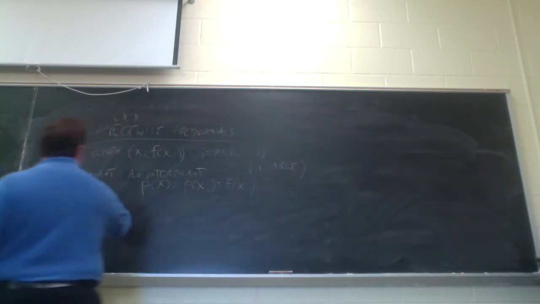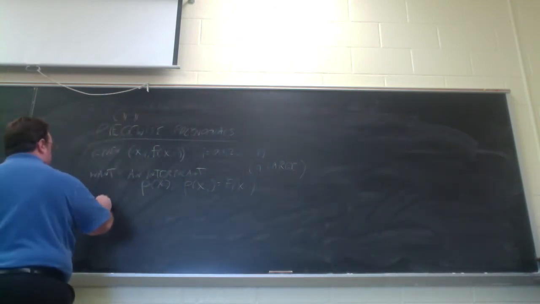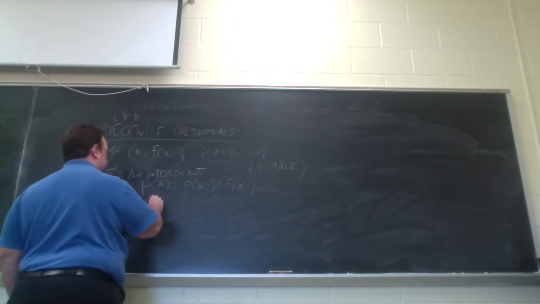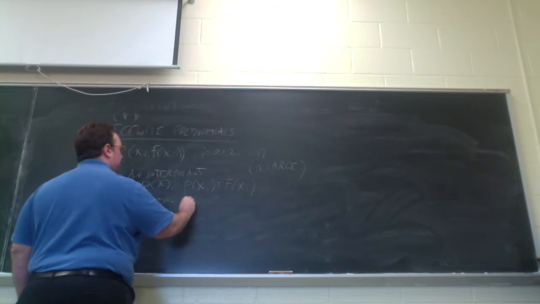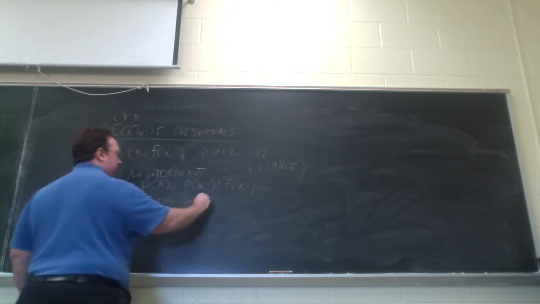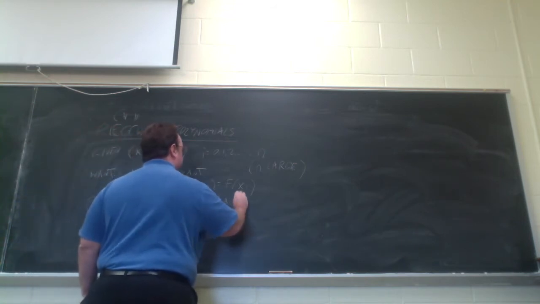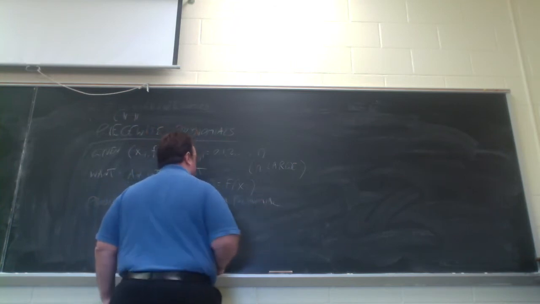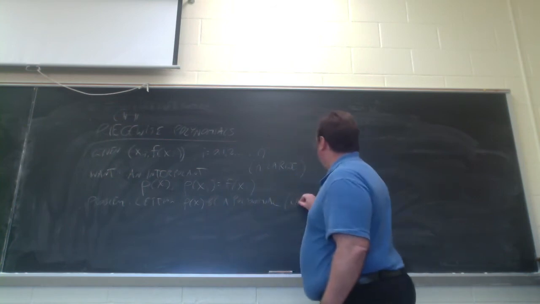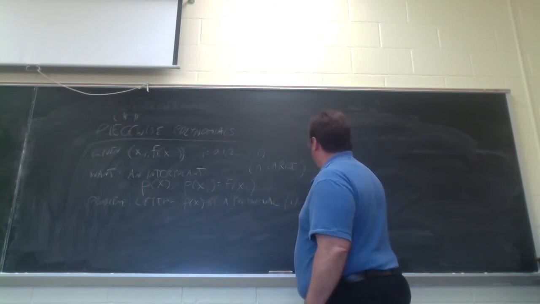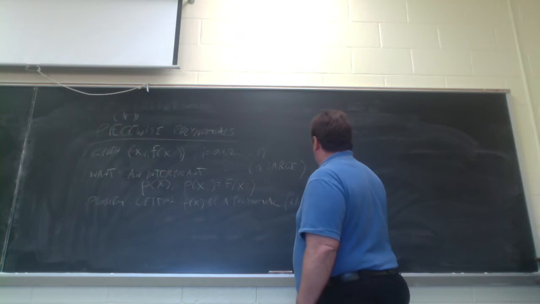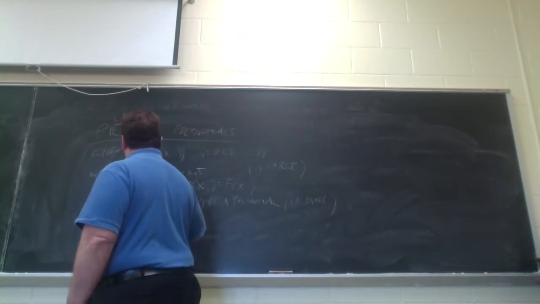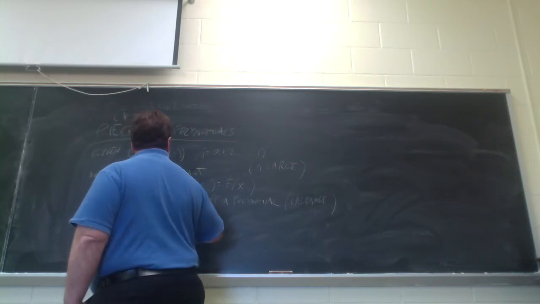Except the problem with the approach that we know of is if we just let P of x be a polynomial, in other words, Lagrange interpolation that we're already familiar with, that can lead to large error.